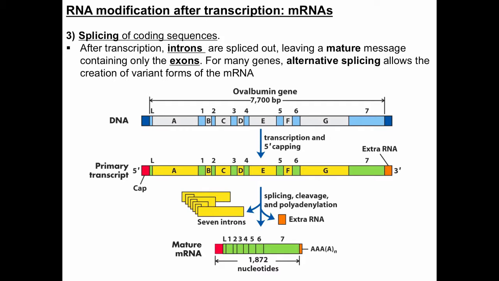Splicing removes the introns so you have exons. But you can also get alternative splicing, which results in transcripts that only have certain exons in the mature RNA message.